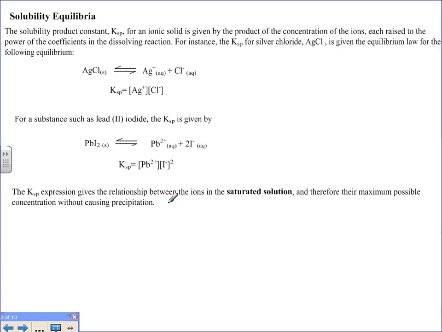So for example, in this first one, we might have had silver nitrate, which is soluble, reacting with sodium chloride, which is also soluble. And in the double displacement reaction, we produce AgCl, which is our precipitate, and the soluble sodium nitrate. So in grade 11, you examined these reactions and you created a net ionic equation.